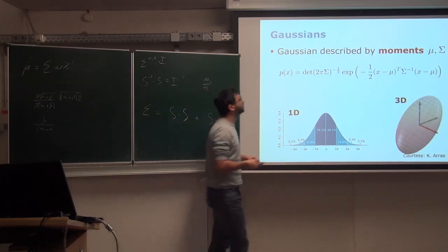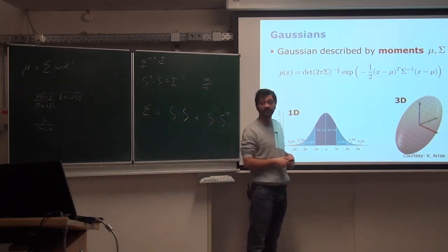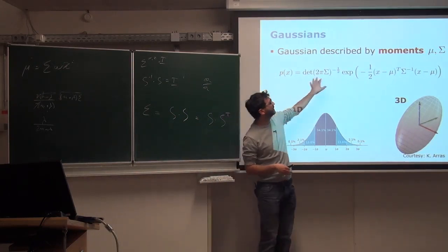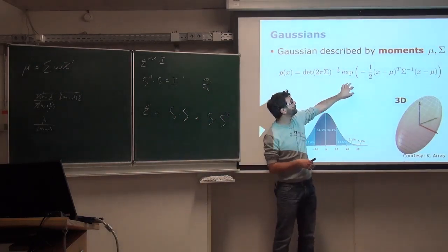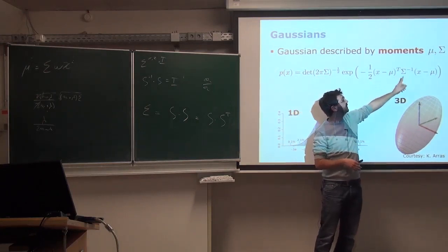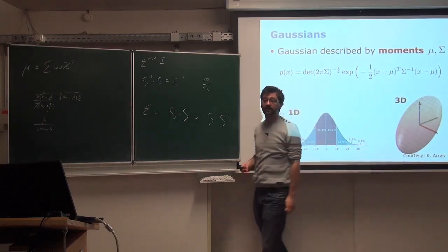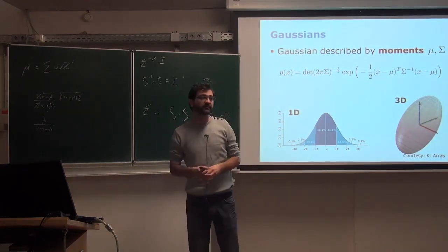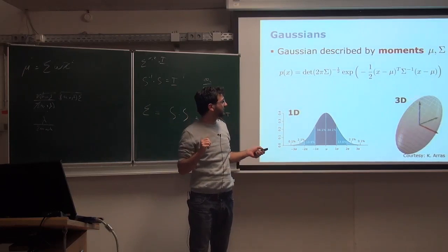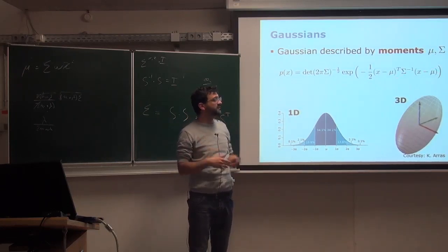That's what's called the moment parameterization. And you then write the Gaussian distribution in this way. There is this normalization term here, and then you have x minus the mean, transpose, times the inverse of the covariance matrix, and x minus mu.